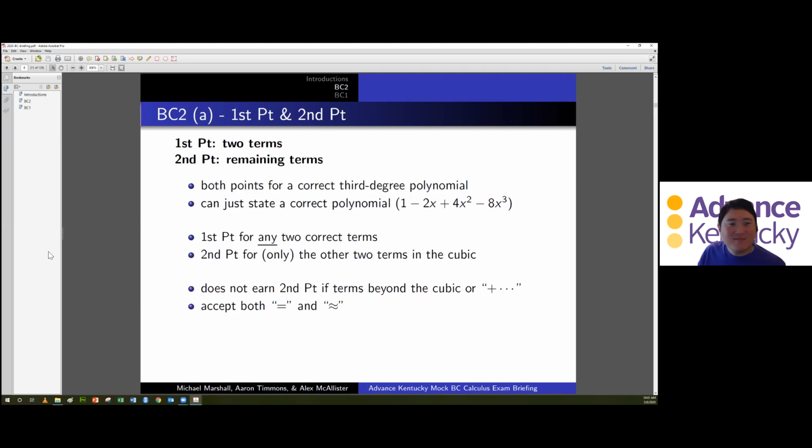We've asked them for this third degree Taylor polynomial. If they have anything beyond the cubic, or a plus dot dot dot, if they indicate they're thinking of the Taylor series rather than the polynomial, then they haven't actually answered our question, and we're going to be careful with that boundary, because we want them to know the third degree Taylor polynomial would in this case be a cubic.